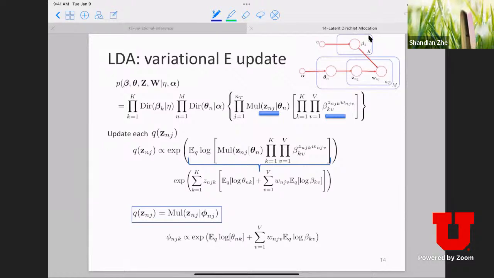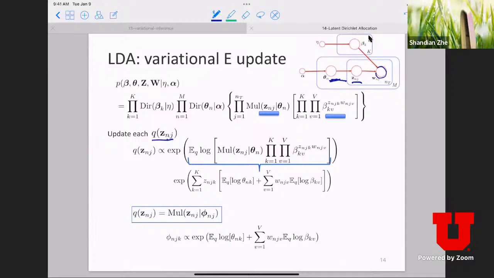If we take a look at how to update the topic for each particular word, like the jth word in document n, from the graphical model we know that Z_nj is related to theta_n, and also to the specific word that is sampled.